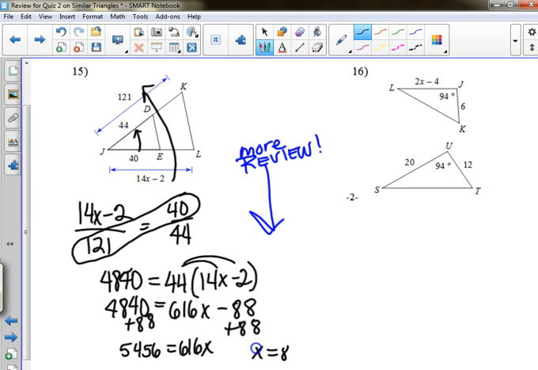I got 8.857, but let's see if I can figure out what I did. I don't think it should come out a decimal, at least not a messy one. Okay, 14x minus 2 is to 121 as 40 is to 44. 121 times 40 was 4840.